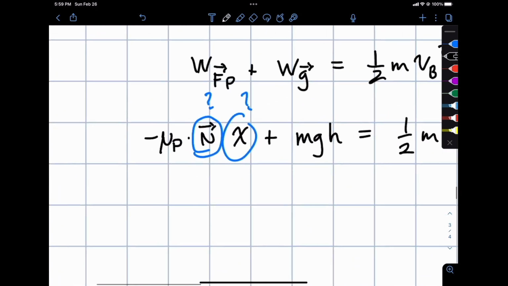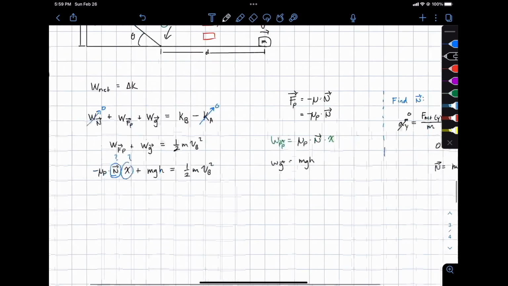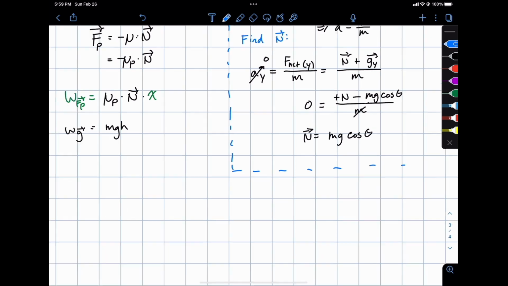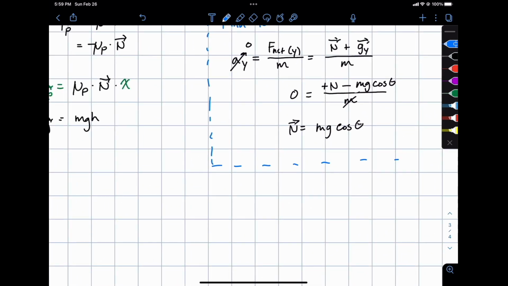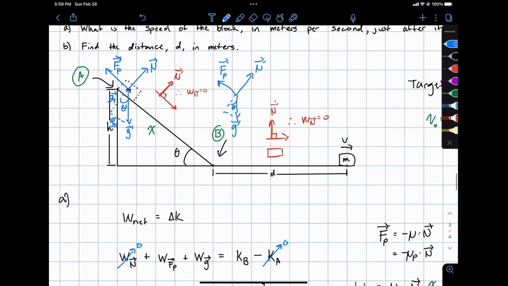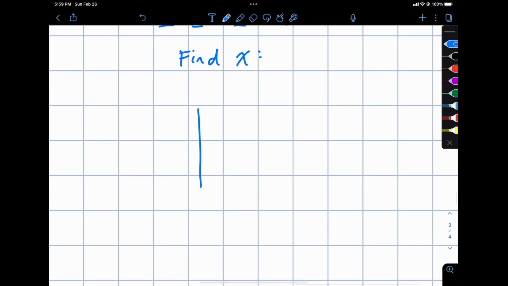Okay, so we come back here. We know n. We need to find x. So let's find x. Well, as we saw earlier, x is over here. That is the distance of this plane. So let's go ahead and redraw that triangle.